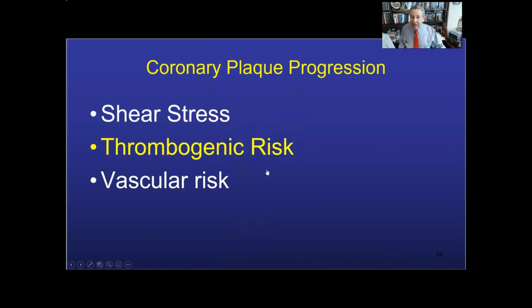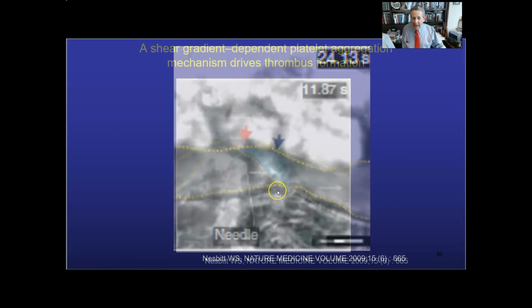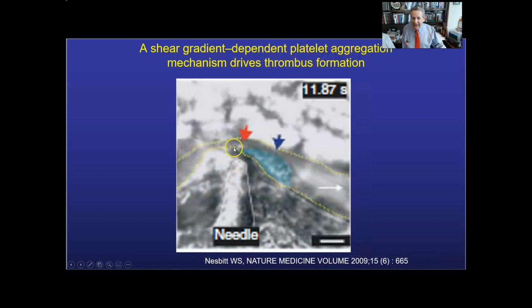Now, what about thrombogenic risk? If you just develop atherosclerosis, the coronary remodels, you won't have an event. So you need some thrombogenic risk. This is a rabbit arteriole, and here is a needle narrowing. This is without any treatment, just with a needle narrowing, causing that slow shear.